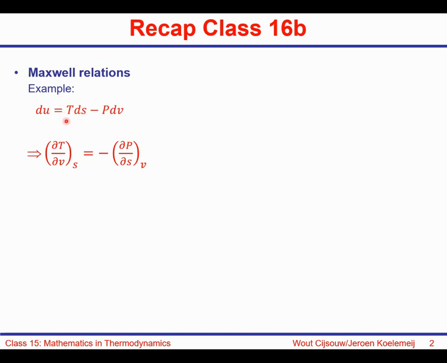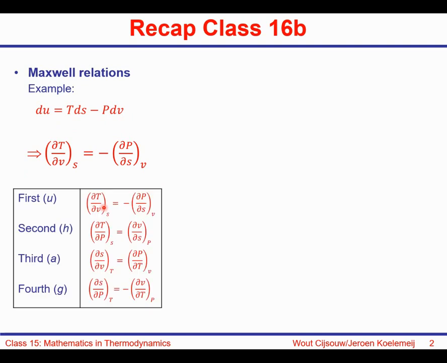We can take the partial derivative of T with respect to V for fixed S, and we get one partial derivative, and that is then equal, as we showed mathematically, to a second partial derivative, which we obtain from taking the derivative of minus P in the second term with respect to S for fixed V. And this is in fact one of the Maxwell relations that we derived.